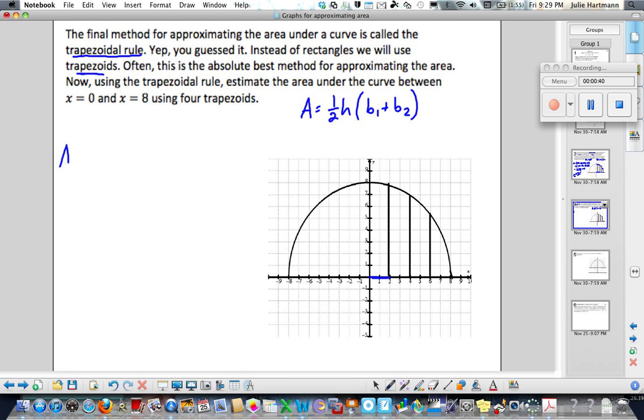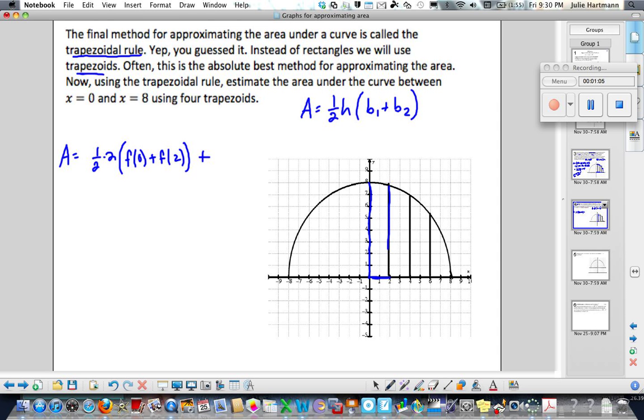So let's find the area of each one individually. We have 1/2 times the height, which is 2, and then our bases are this length, f of 0, and this length, f of 2. So we have f of 0 plus f of 2.